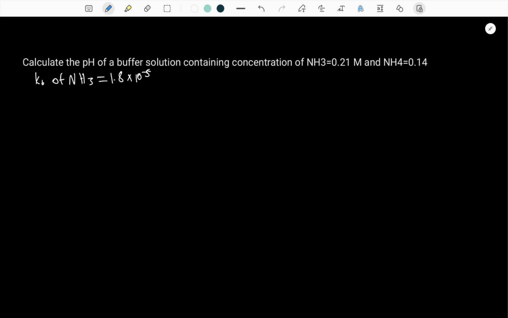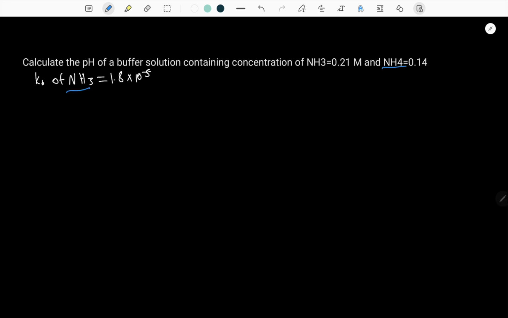For this question I will not make an ice table, so I'll take another shortcut that I have learned. Here they have given you the Kb value of NH3, so this means NH3 is on the left side and NH4 is going to be on the right side. So automatically NH3 is going to be the denominator and NH4 is going to be the numerator.